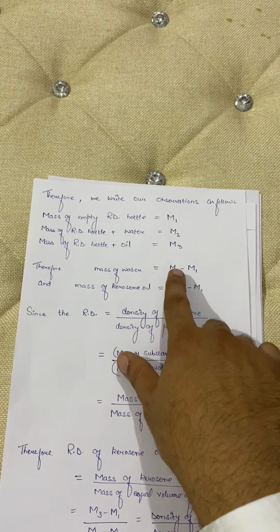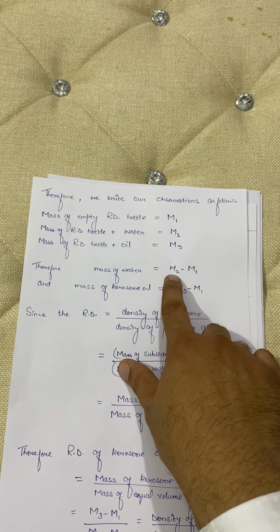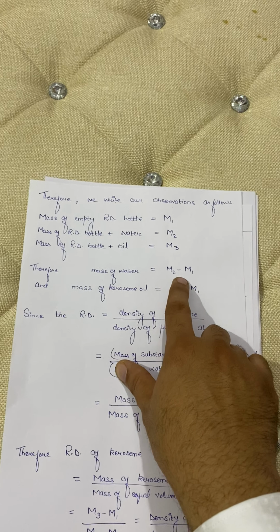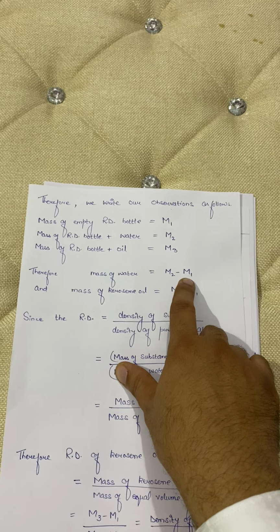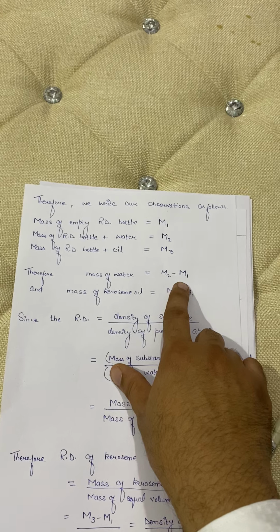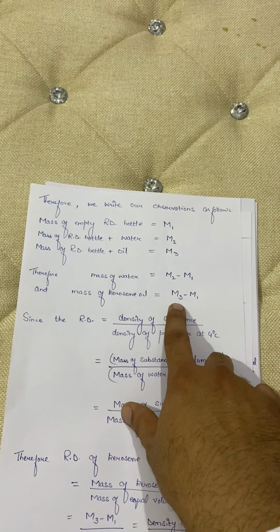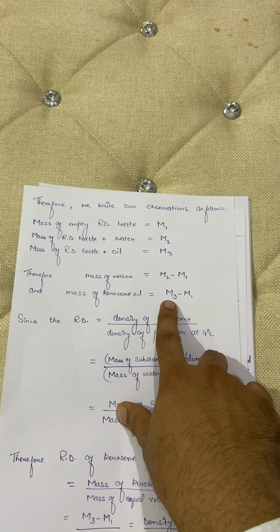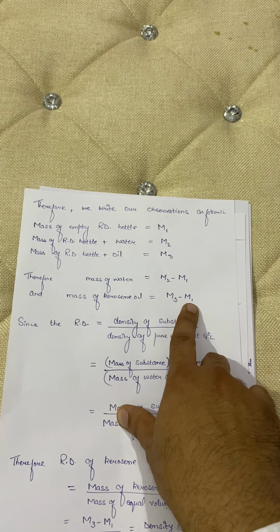Mass of water is equal to the combined mass of water and the density bottle minus the mass of only the bottle, so M2 minus M1. Similarly, the mass of kerosene oil will be the combined mass M3 of unknown liquid, that is kerosene oil, plus density bottle, minus the mass of only the bottle.